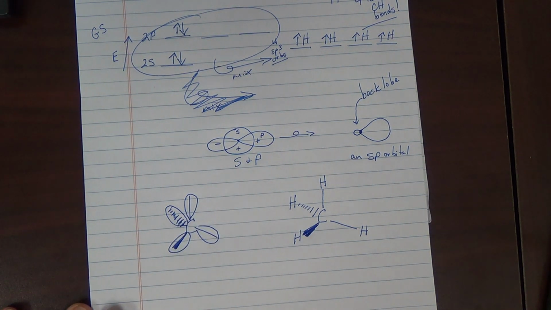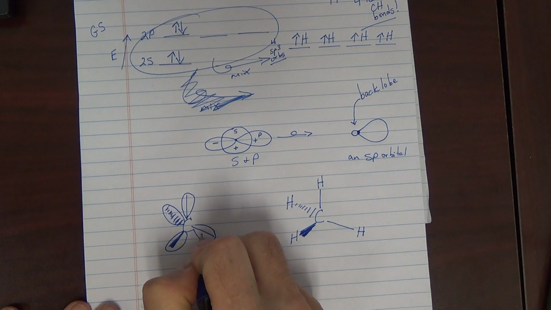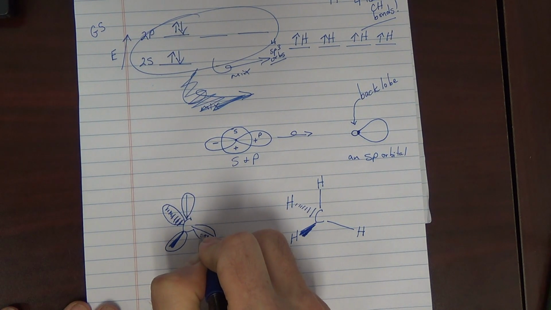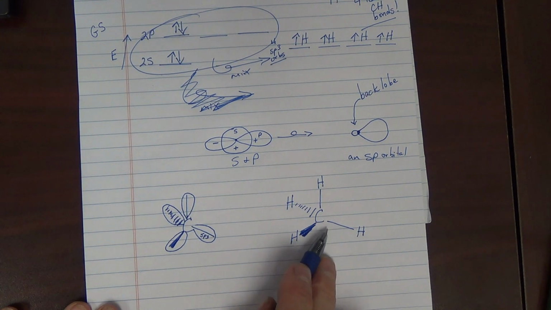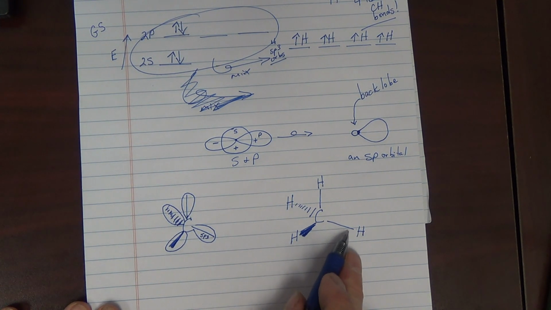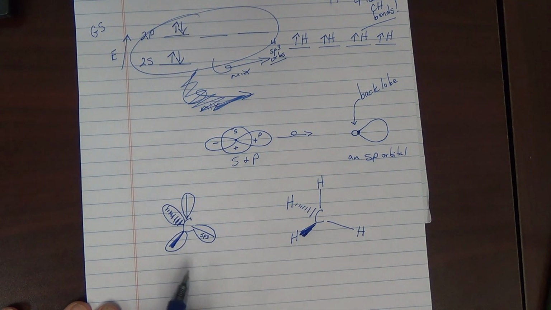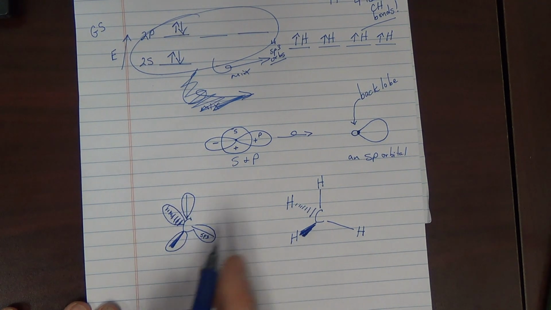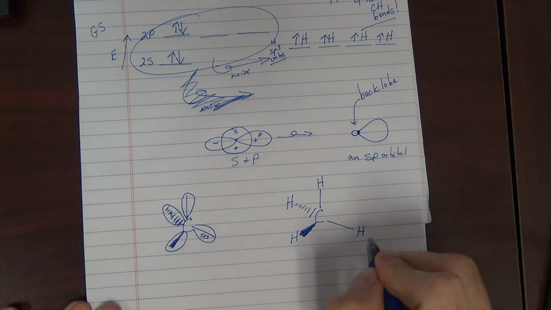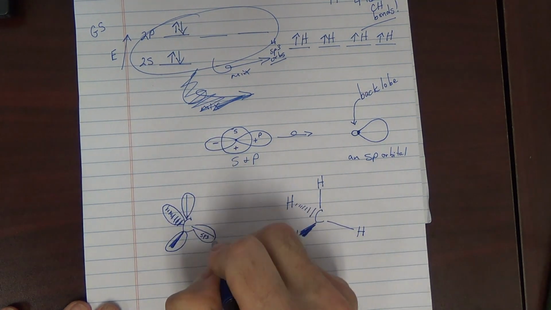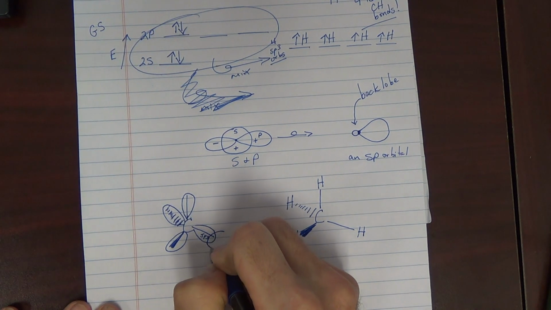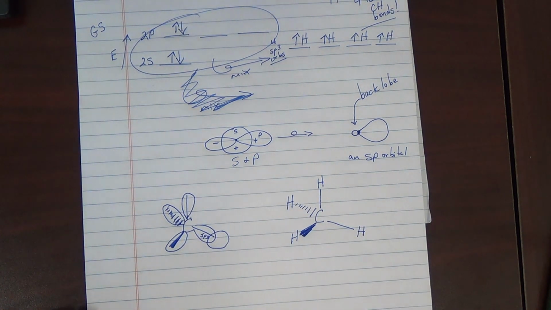Now let's just focus in on one of these. This is an sp3 hybrid. What is it interacting with in the molecule, which is here? Well, the H orbital. Covalent bonds come from interaction of orbitals. Hybrid orbital with H. The H is using the 1s. 1s is just spherical, so that's supposed to be round.